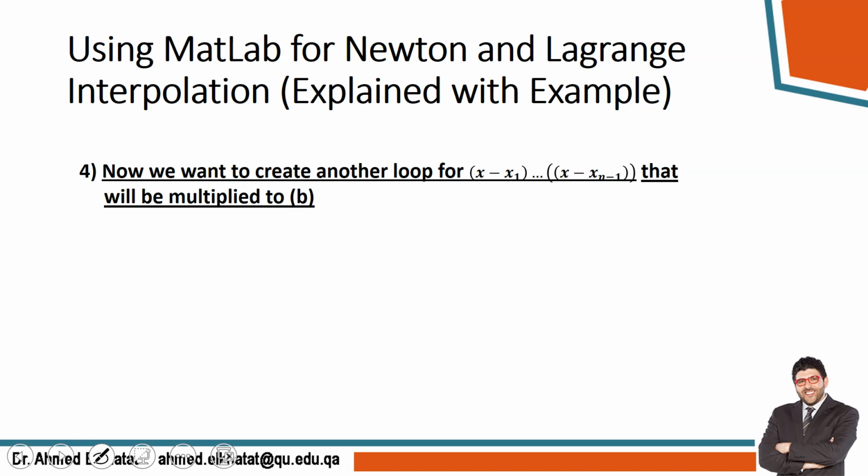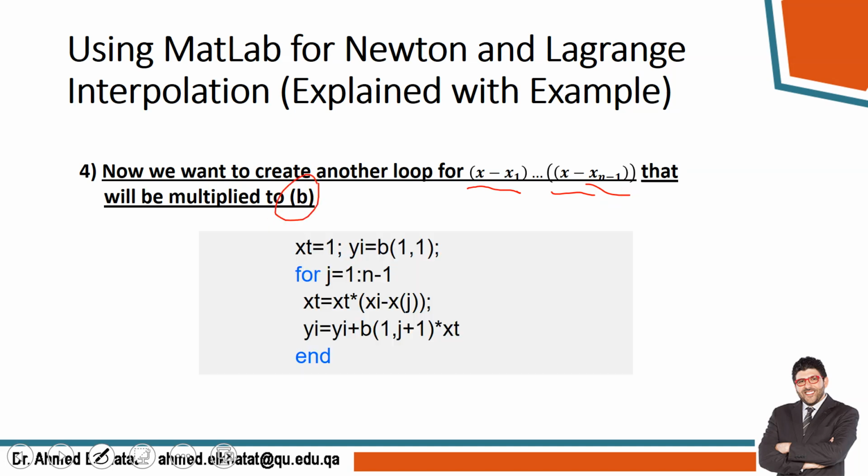So now we want to create another loop for (x minus x1) until (x minus xn minus 1), that will be multiplied by p. So here we can set xt equal 1, and then yi equal p(1,1) times 1, just as the initial values. These initial values will be replaced later.